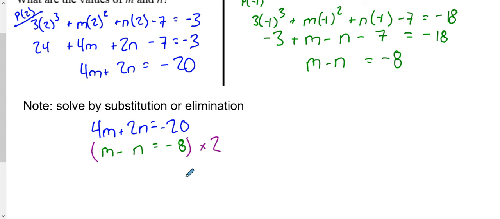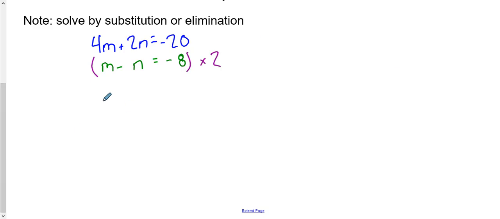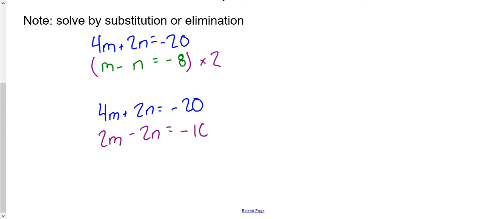I'm going to quickly rewrite below here. So I have 4m plus 2n equals negative 20. And once I multiply 2 into everything inside the bracket here, you have 2m minus 2n this time equals negative 16.